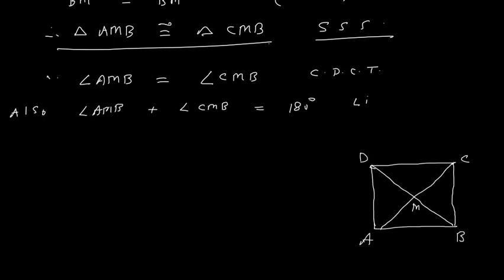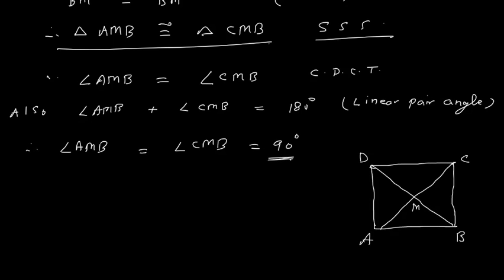This is the linear pair of angles. As the sum is 180 and they are equal, angle AMB is equal to angle CMB, which is half of 180, that is 90 degrees. So as this angle is 90 degrees, and this angle is 90 degrees, therefore AC is perpendicular to BD.